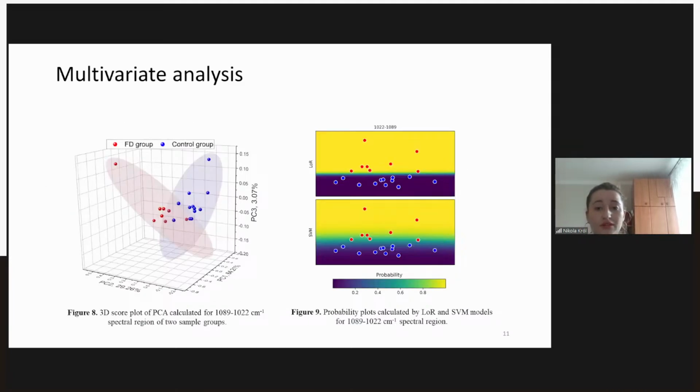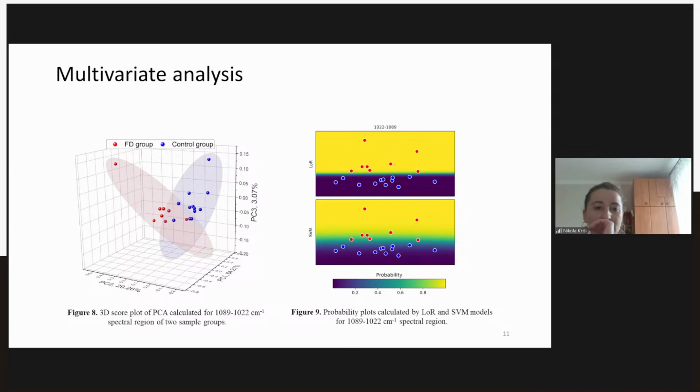In this slide, we demonstrate the multivariate analysis using PCA methods, and figure 8 shows the 3D score plot with confidence ellipsoids, which show the separation of two groups of samples.